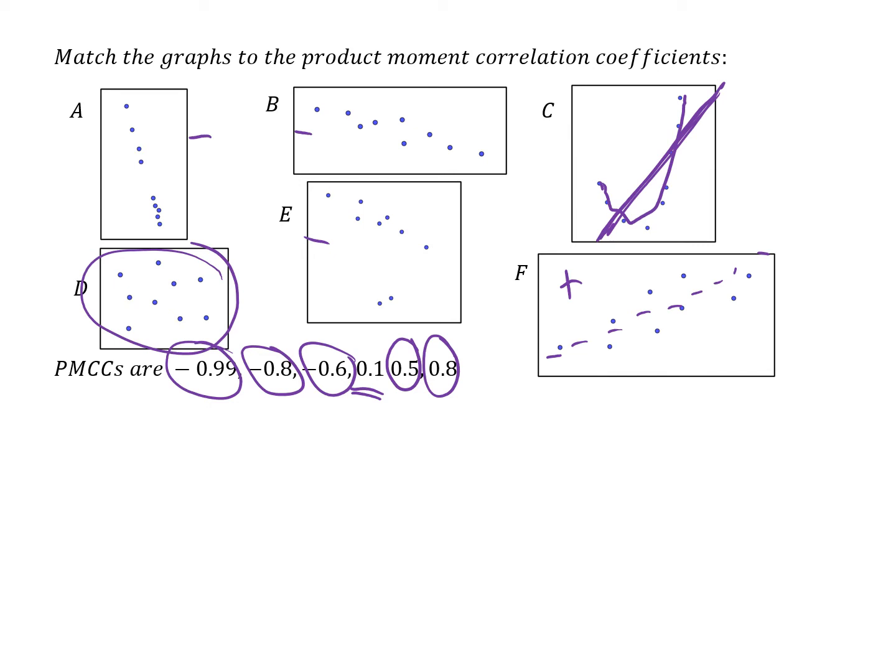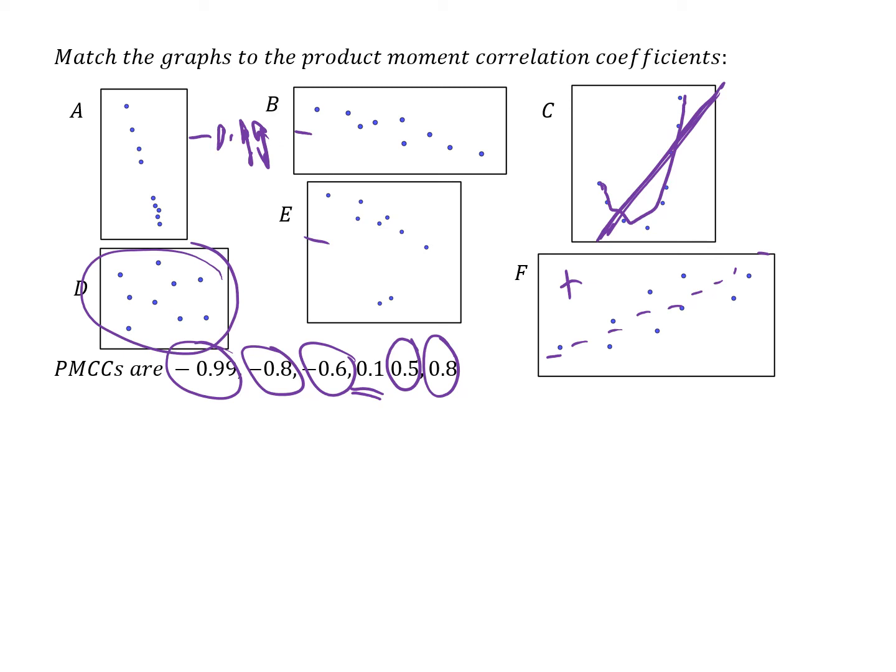So let's put some numbers on this now. The negative ones first. We've got A, B, and E, which are all negatively correlated. Which one of those shows the points closest to a straight line? To me, it's fairly clear that A is the graph with the minus 0.99 correlation coefficient.